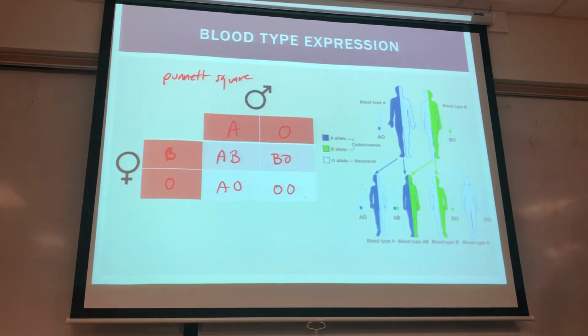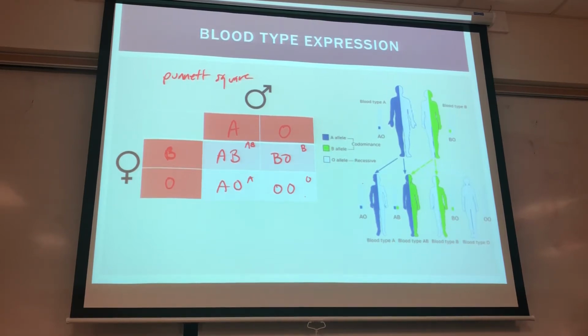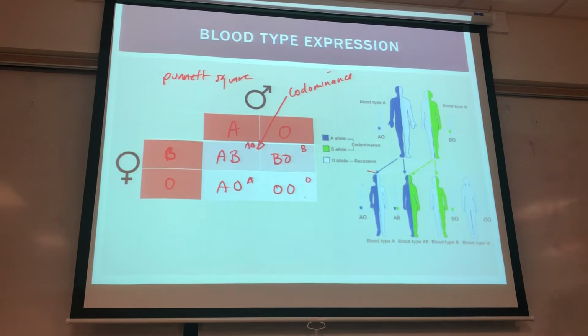But the phenotype that's expressed would be AB, type B, type A, or type O. Those are the phenotypes expressed, of which for AB we have what's called codominance, meaning that both A and B are expressed.